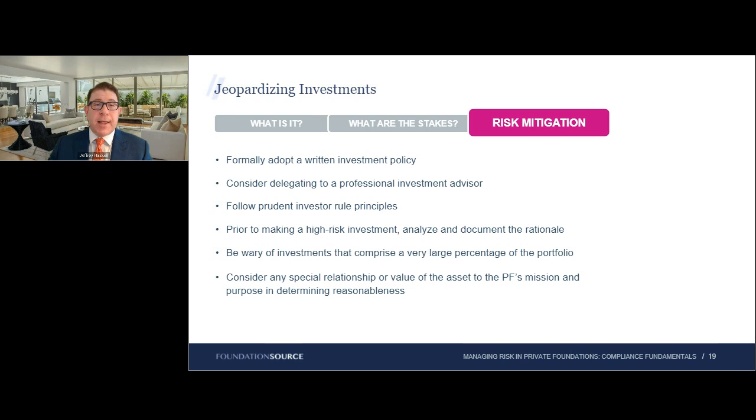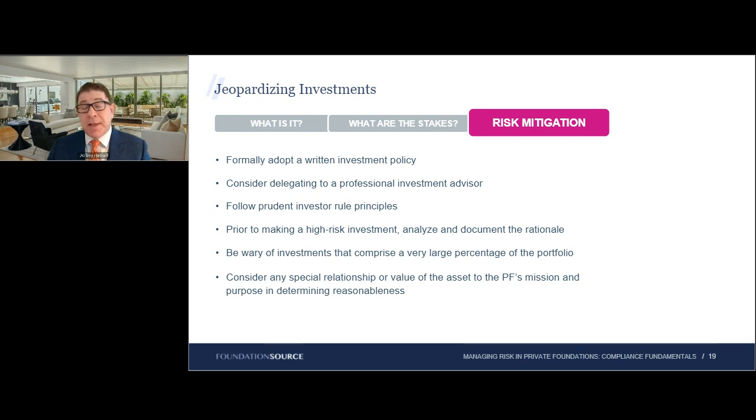As we noted earlier, the IRS really wants the foundation's managers to evaluate the reasonableness of an investment before moving forward with the investment. That's why the foundation's managers should document, possibly with the help of an advisor, that they did so, that they made the investment in compliance with the foundation's investment policy and the prudent investor rules before or contemporaneously with the making of an especially risky investment.